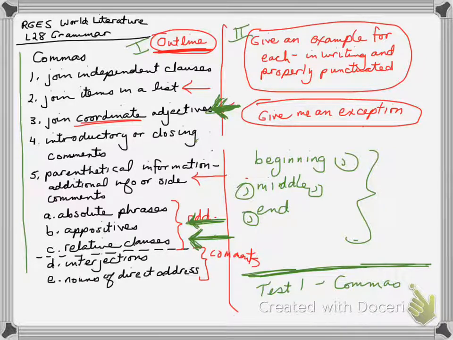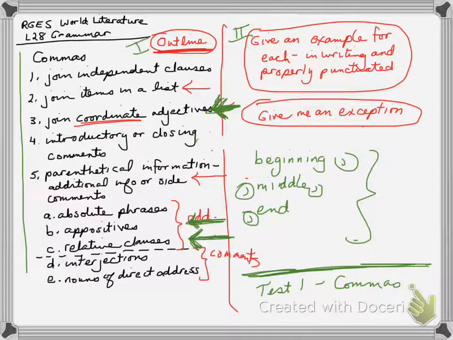you want to give an example for each, and I'll specify the example so you won't just run down the list. I'll say, like I was illustrating, give an example with 2 coordinate adjectives, and give an example, I might say, give an example with 2 cumulative adjectives.